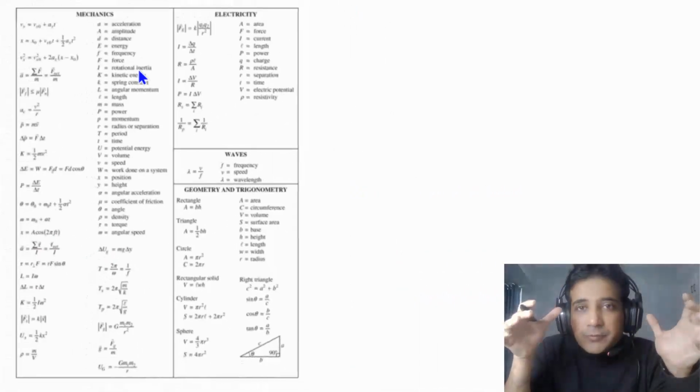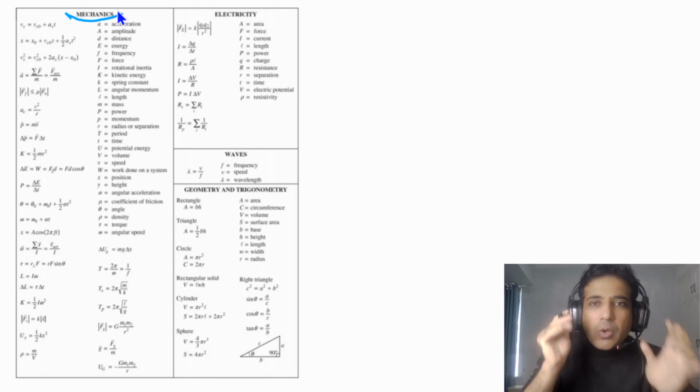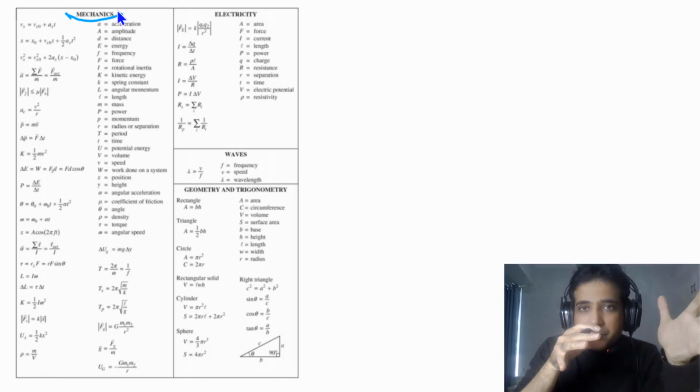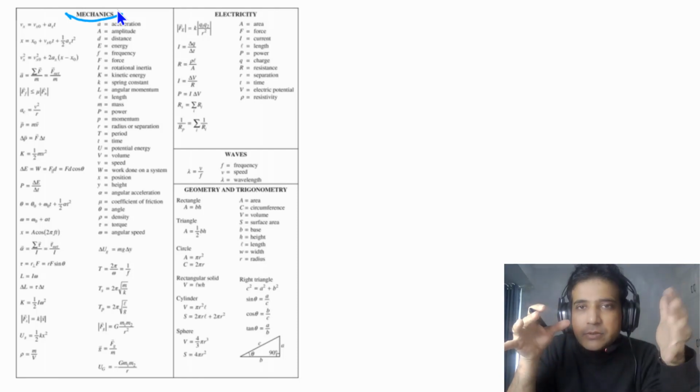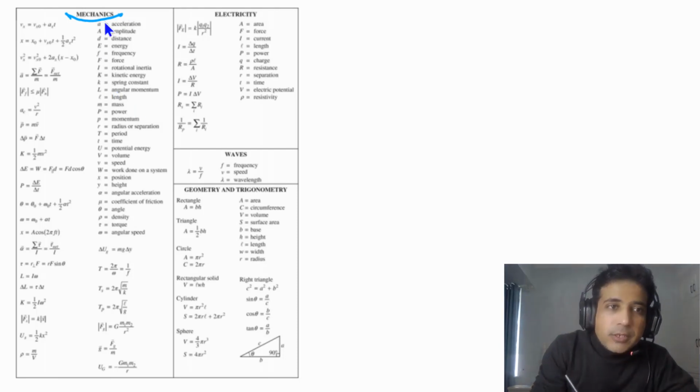On the next page of your exam paper, you can also find some important formulae. Almost all the formulae you need for AP Physics 1 are given to you on this page. Some formulae are not given, and those you need to remember. But almost all the main formulae are given to you on this page. Here you can find all the formulae for mechanics. Here you can find those for electricity.